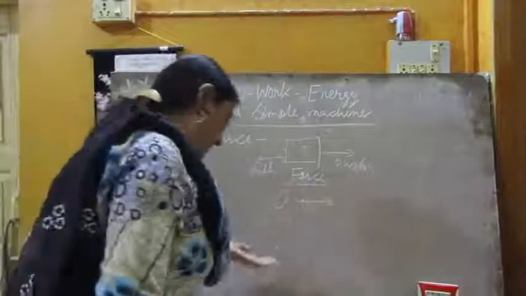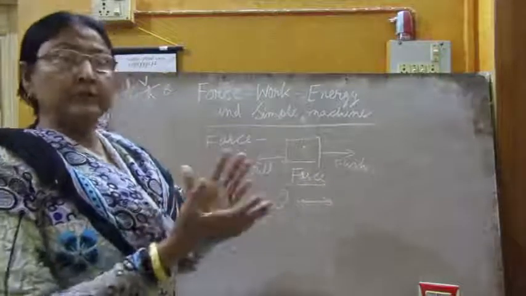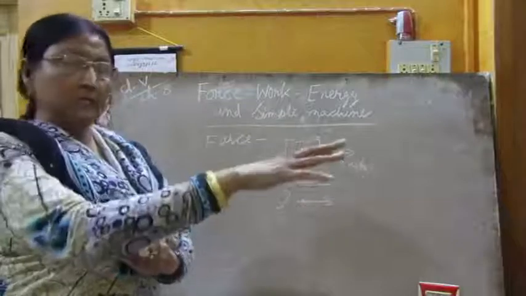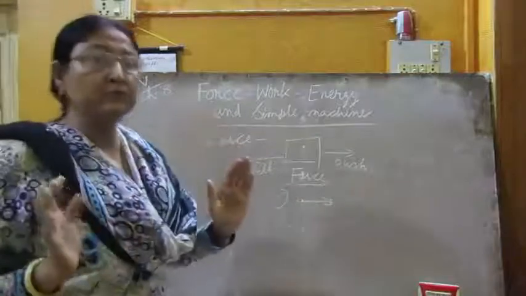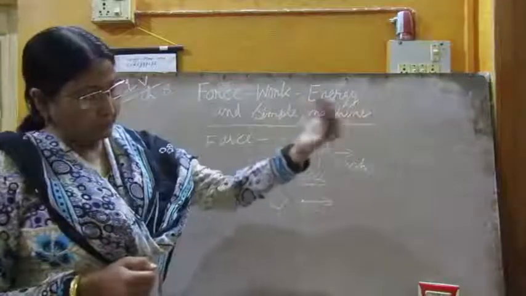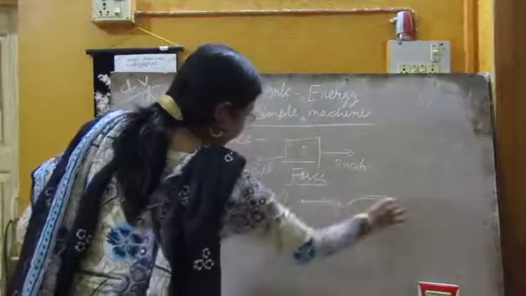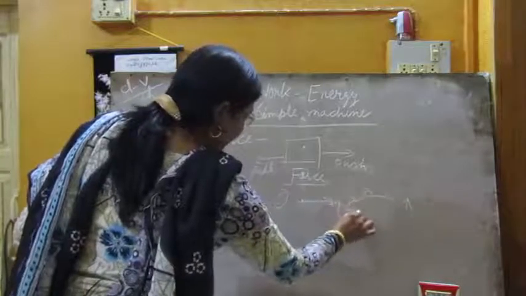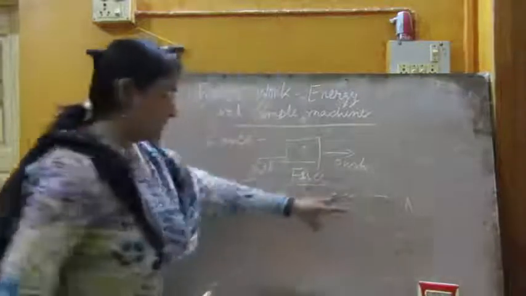And the change of direction. Suppose during playing cricket, the bowler bowls towards the batsman. The ball is coming this side, but when the batsman hits, the ball will go that side.